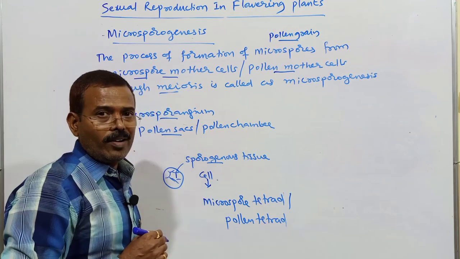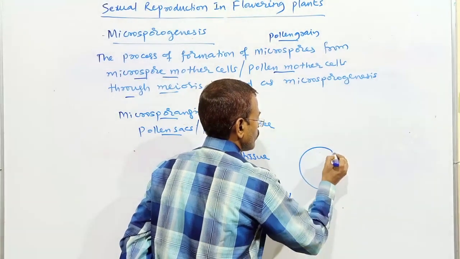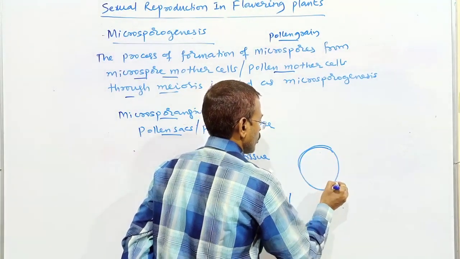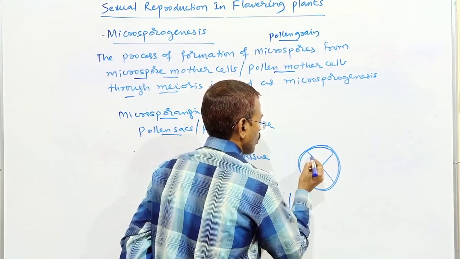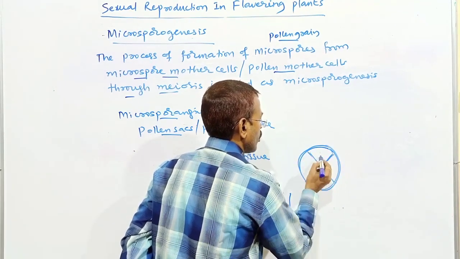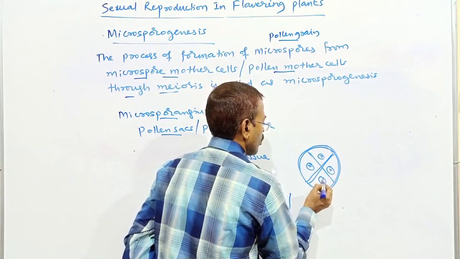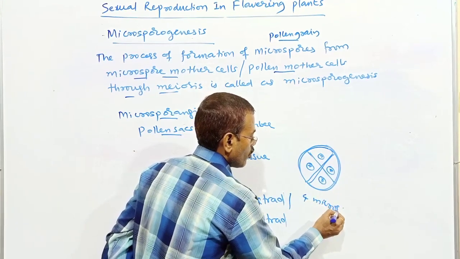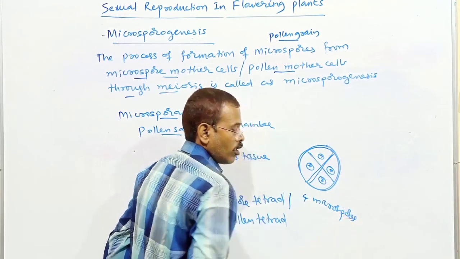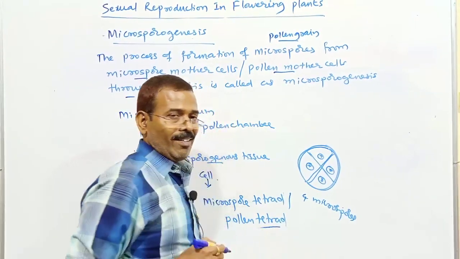Pollen tetrad. So in the beginning, like this, 4 microspores are held together to form a tetrad structure.